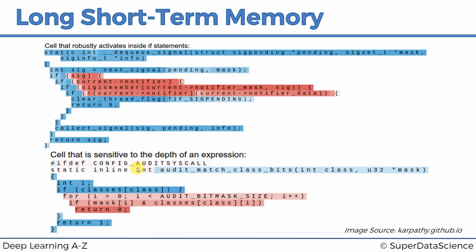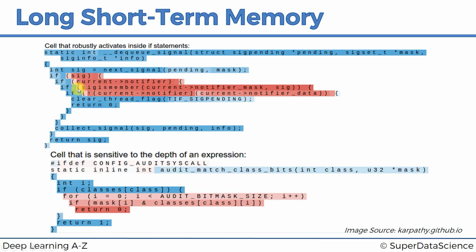Here's another one where the input was the code of the Linux operating system, and you can see that a cell activates inside an if statement. It's completely dormant everywhere else, but as soon as you have an if statement, it activates.